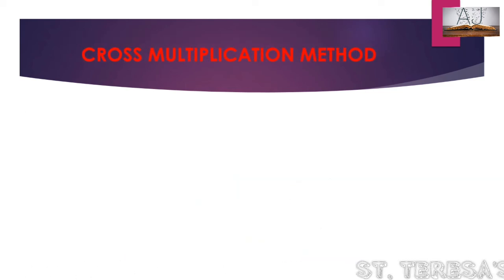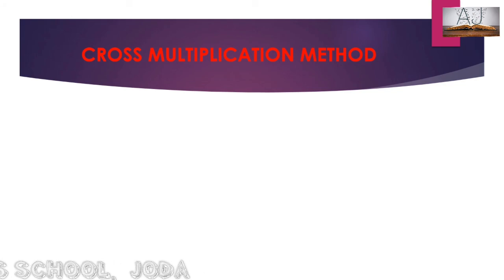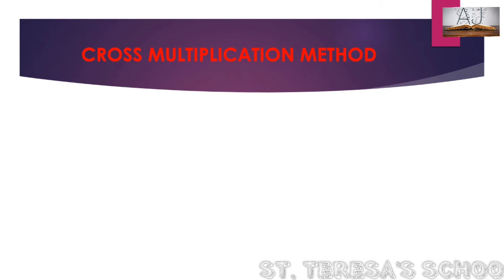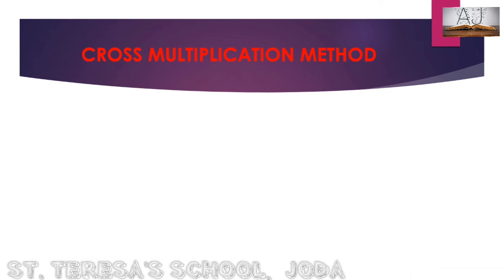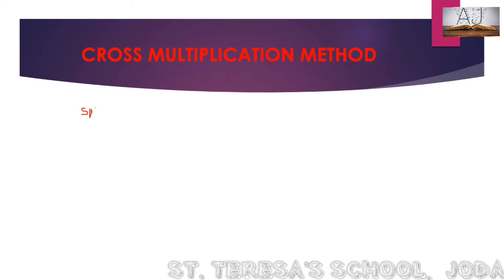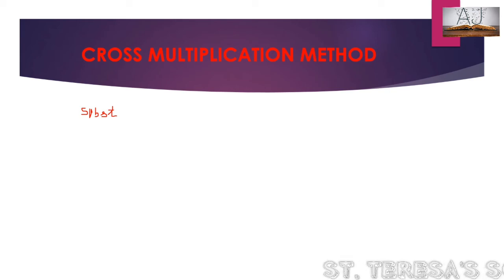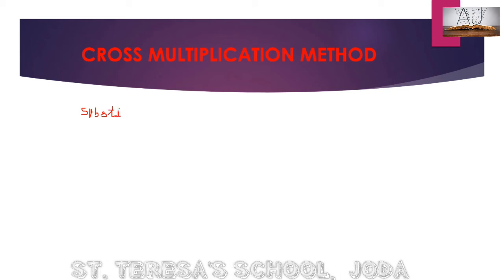Now, cross multiplication method. Yes, students, this is one more method of solving a pair of simultaneous linear equations. We have already seen two of the methods. The first one is the substitution method. We substituted and got the value.